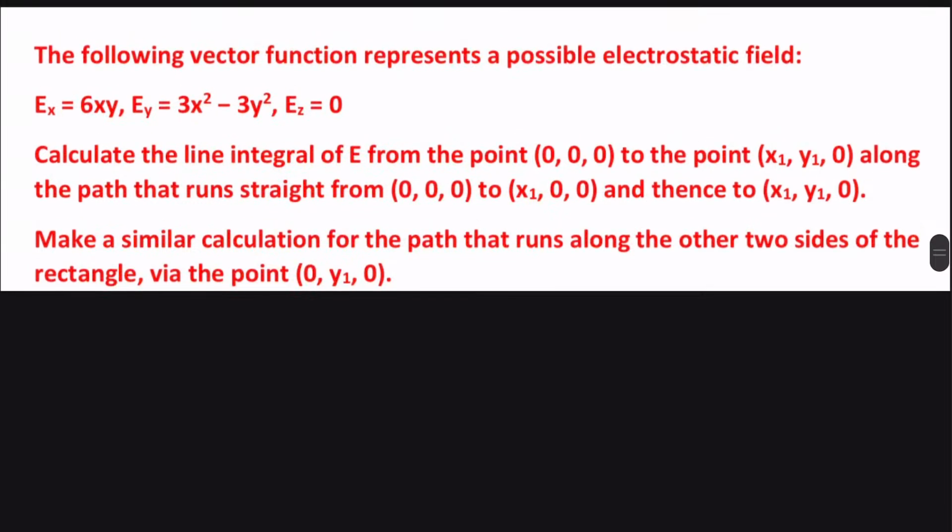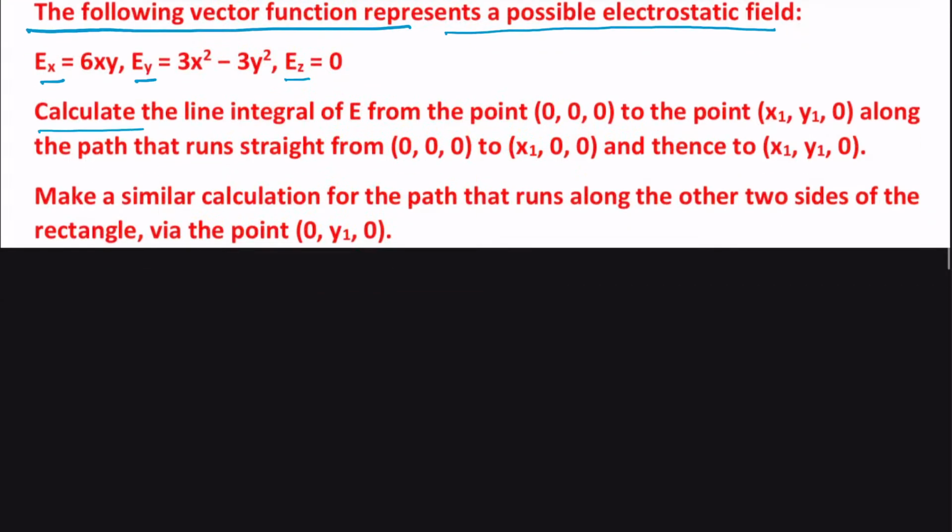It states that the following vector function represents a possible electrostatic field: x component, y component, and z component. Calculate the line integral of E from the point 0, 0, 0 to the point x1, y1, 0 along the path that runs straight from 0, 0, 0 to x1, 0, 0 and then to x1, y1, 0.